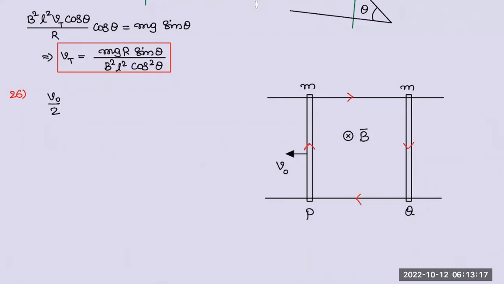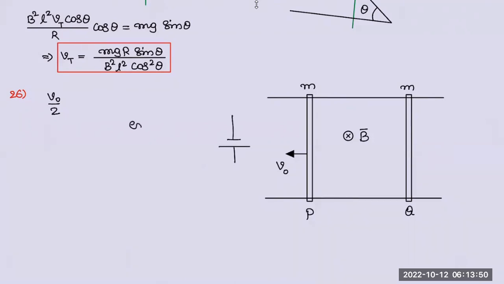Yes or no? Now, Fleming's left-hand rule: magnetic field, current, force. Sir, V cross B, opposite direction? Absolutely wrong idea. For the induced EMF, I have to use Fleming's right-hand rule.